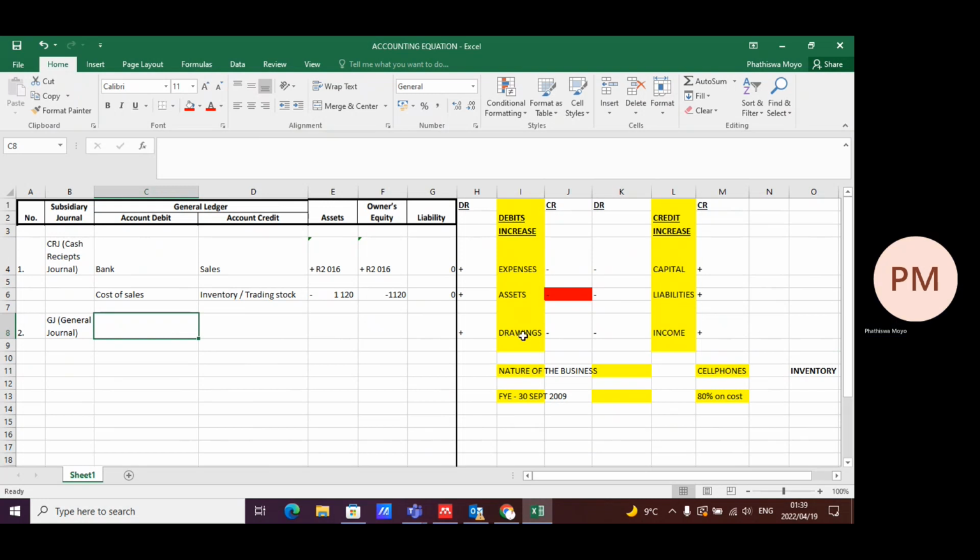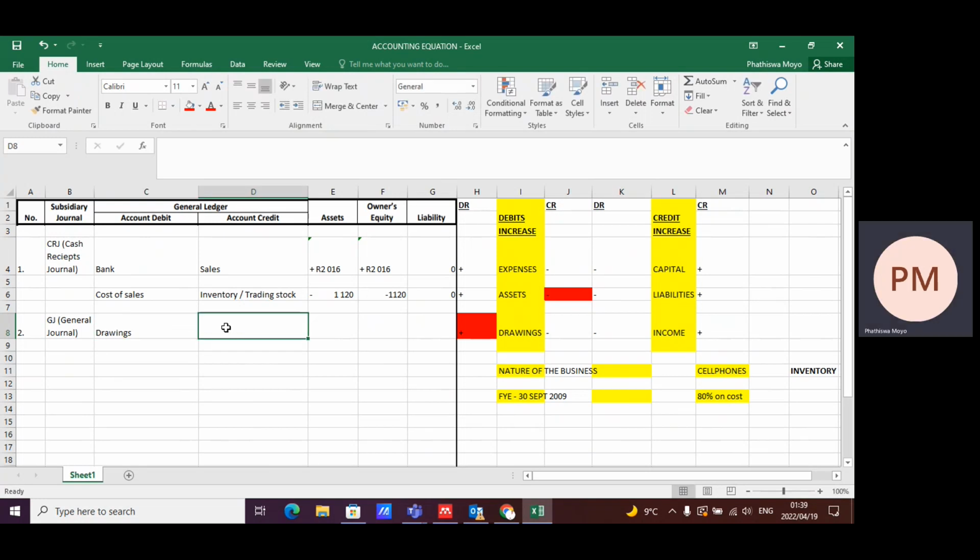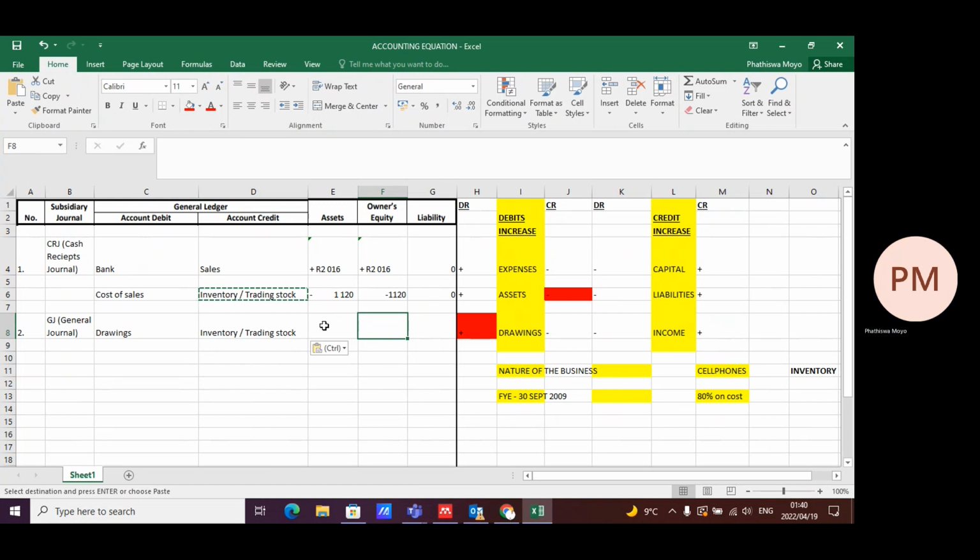So drawings, they increase on the debit side. Sorry about that. And then what has decreased? It's inventory, you guessed it. So we're recording this at cost.